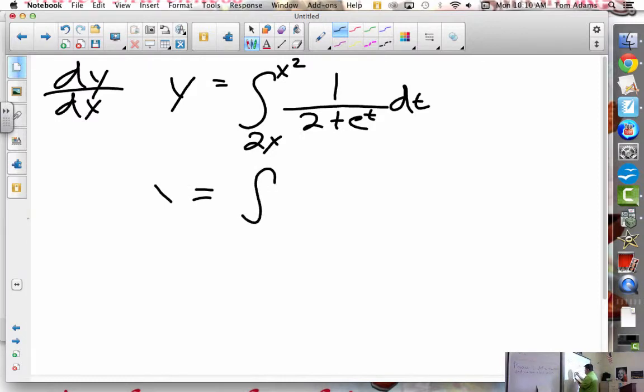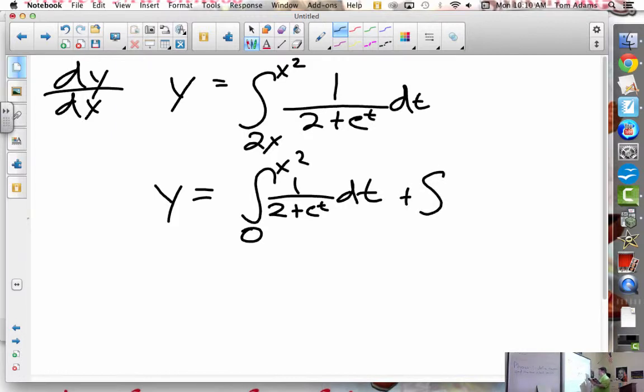I could say that y is equal to the integral from 0 to x squared of 1 over 2 plus e to the t dt, plus the integral from 2x to 0 of 1 over 2 plus e to the t dt.